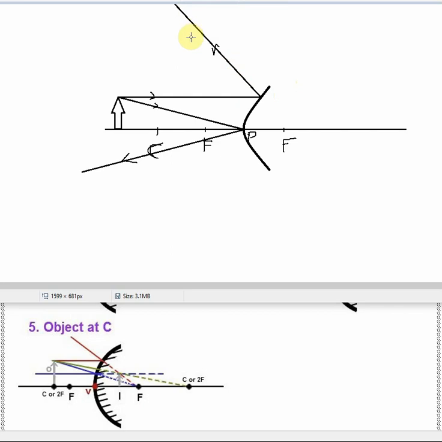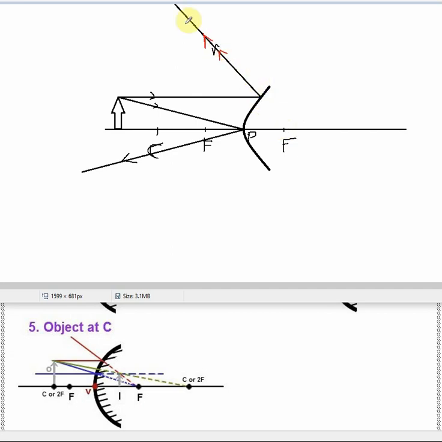Now in case of convex mirror, you have to understand, any ray parallel to the principal axis will reflect away and it will be pointed towards the focus. It is reflecting away in this direction, but it is pointed towards this f. That means it will look like this ray is actually coming from this f.